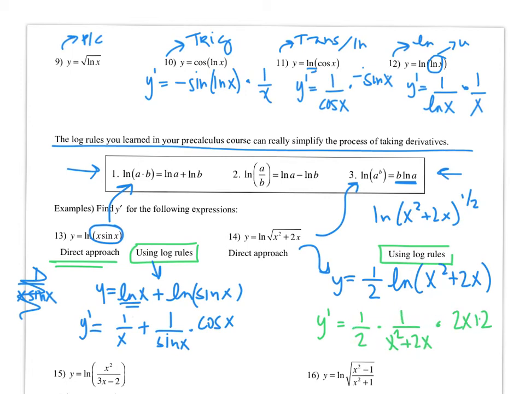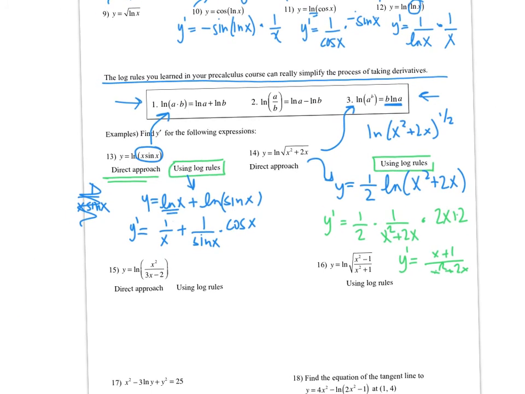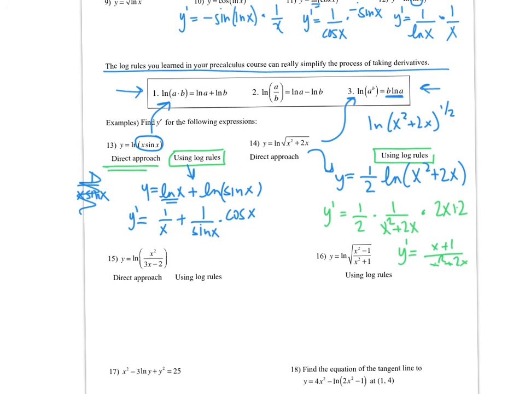To simplify, it looks like we could take out a 2 from here, so cancel with this 2. If you multiply across and simplify from there, you'll see that your final answer, if you are able to do that correctly, is x plus 1 over x squared plus 2x for that one. All right, and it's much faster to use your log rules.